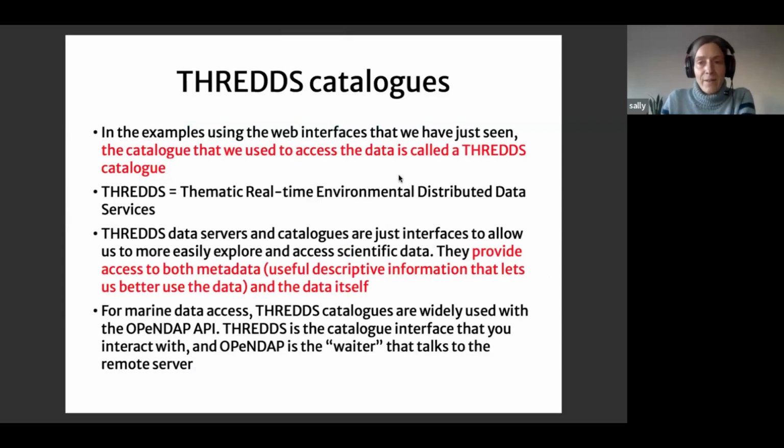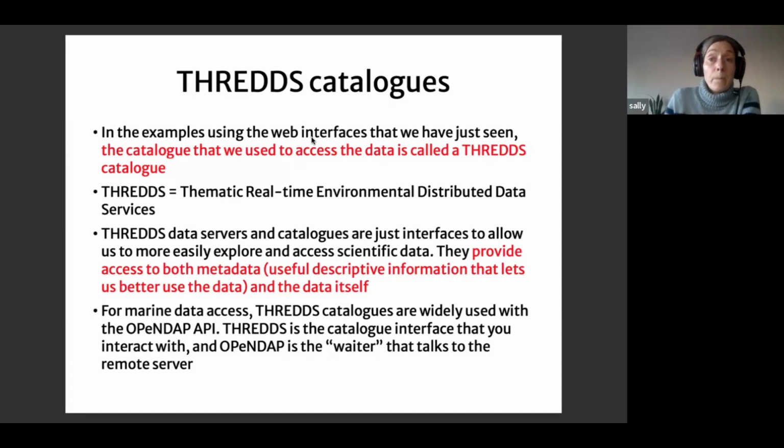So again, they always have these very catchy acronyms. In fact, they're just standard interfaces that are going to allow us to extract the specific data that we want to look for. So they give us access both to that metadata via the little piece of information that we had at the top, as well as the data itself via those buttons at the end.